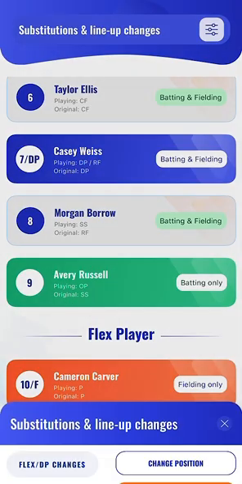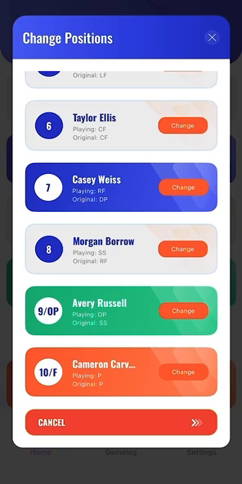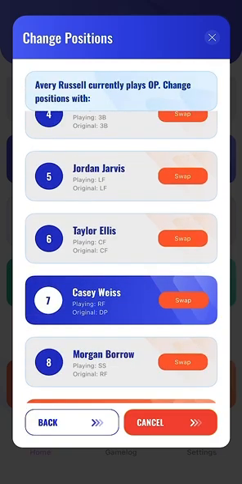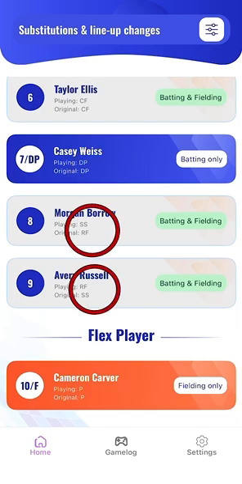Weiss is just going to be DP only, batting only. So we go to change position, click OP Russell change, and that's going to be with Weiss, our DP, in right field. So now Weiss is back to DP only, not in the field anymore. Russell's playing right. Borrow is at short. So that is how an OP is created.